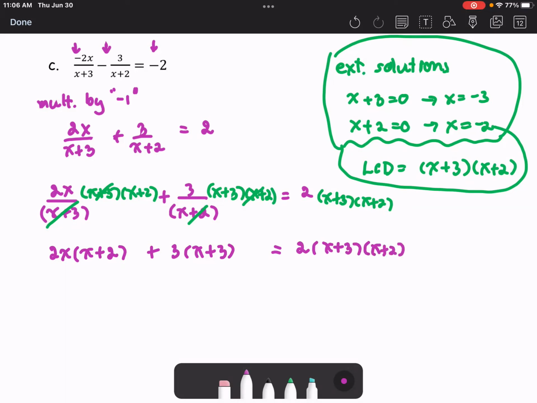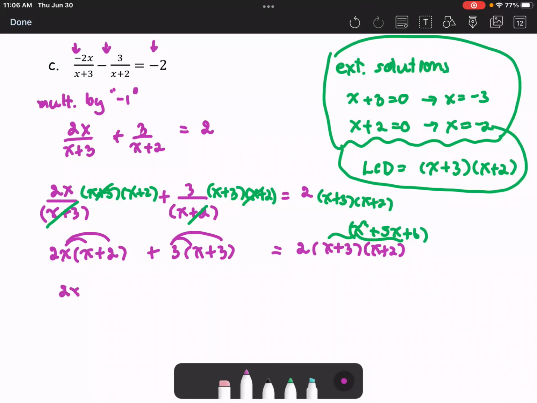The next step, we are going to distribute the terms and then look for the like terms for x eventually. For the right hand side, the expression x plus 3 times x plus 2 would give us x squared plus 5x plus 6. So multiply 2x to the x plus 2, 3 to the x and 3, and then 2 to the 3 terms in the quantity.